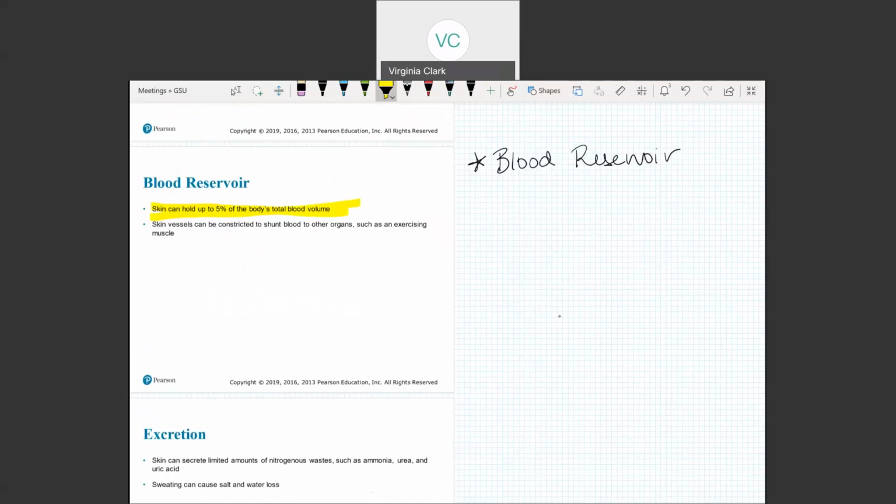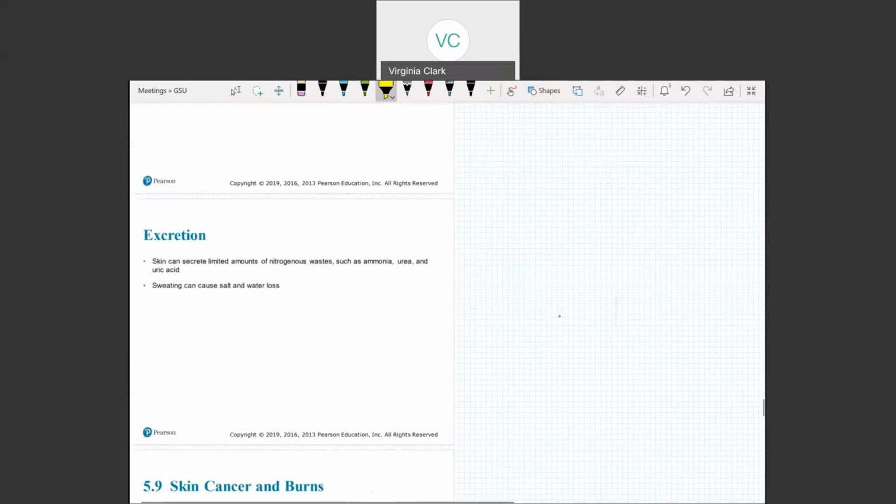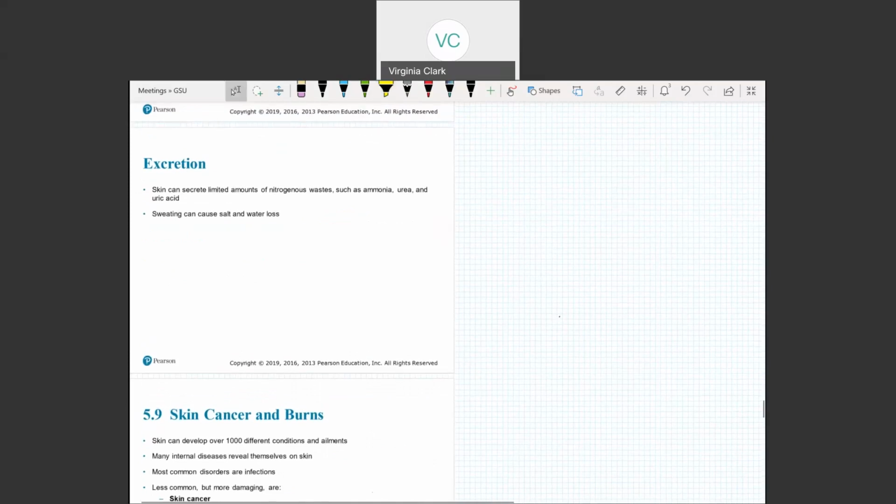Once you've done that, you can constrict and have the blood routed from your integumentary system, from your dermal layer, and shunted to other organs if you need it, such as when exercising or taking an exam. So you can actually control where the blood is going, but a lot of it can be stored in your dermal layer. And then the last function is going to be excretion.